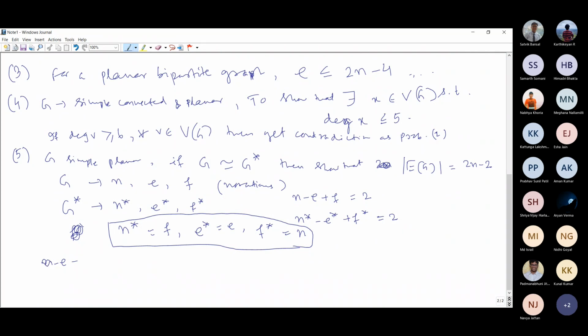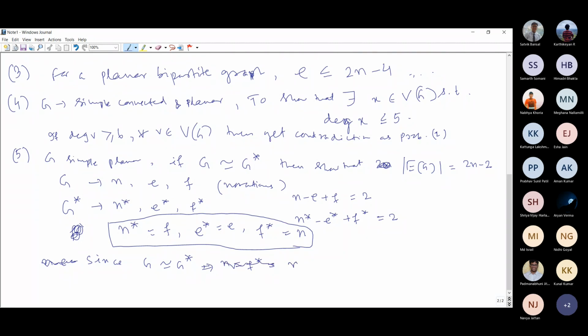Since they are isomorphic, let me write. Since G is isomorphic to its dual, they will have the same number of all these parameters: vertices, edges, faces.